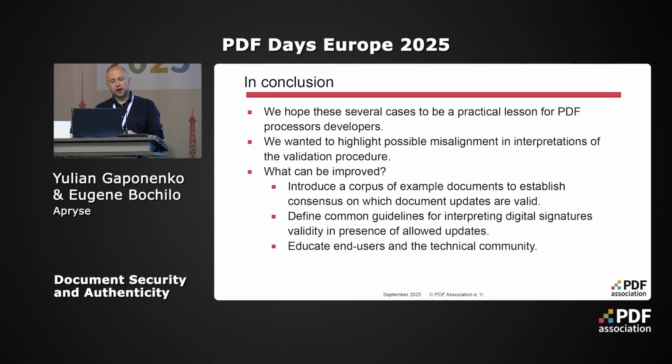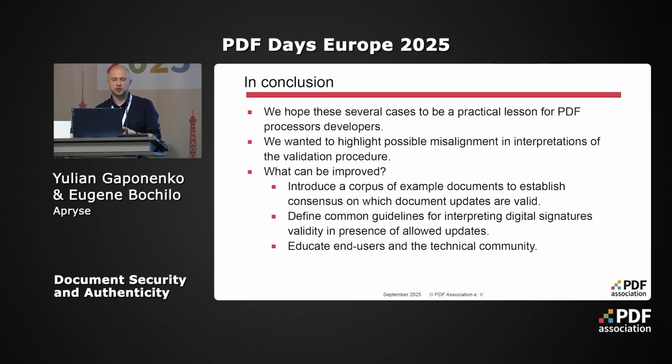What could also, I think, help is to find some common guidelines, and that maybe could also be part of the specification, if you allow me to freely brainstorm such things. Basically, some guidelines on how the viewers, how the PDF processors should communicate the digital signature's validity.